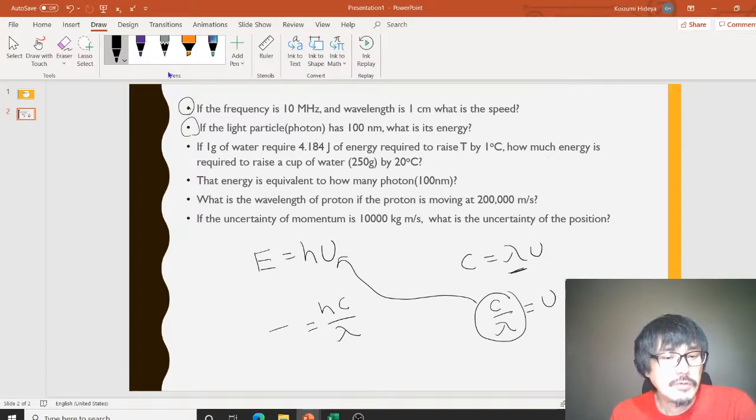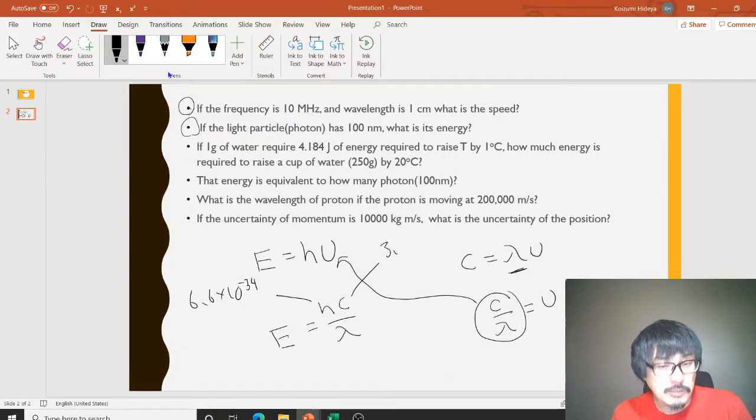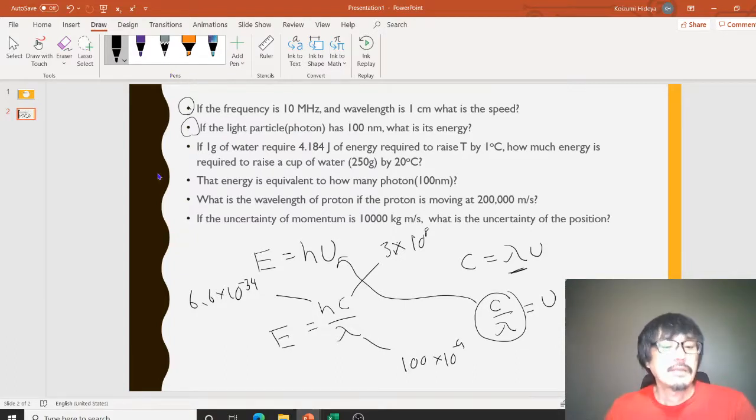Alright, that's more like what I want to use. So h is 6.6 times 10 to the negative 34. c is the speed of light, 3 times 10 to the 8. And then the wavelength is 100 times 10 to the negative 9, right? So let's just put all these numbers into Excel.